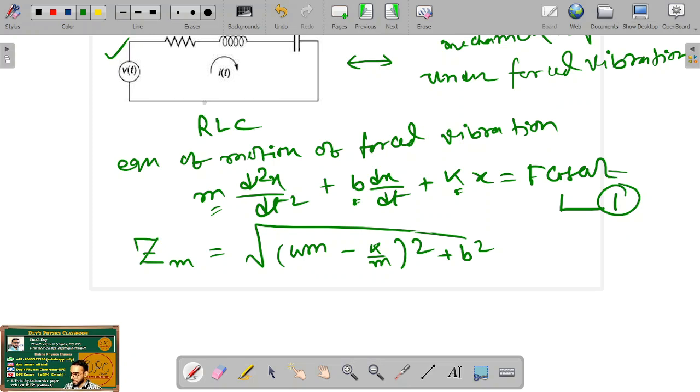Now for the RLC system, suppose an external EMF voltage is applied as E0 cos omega t.